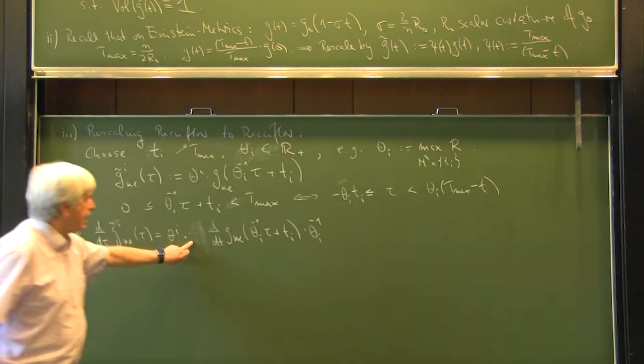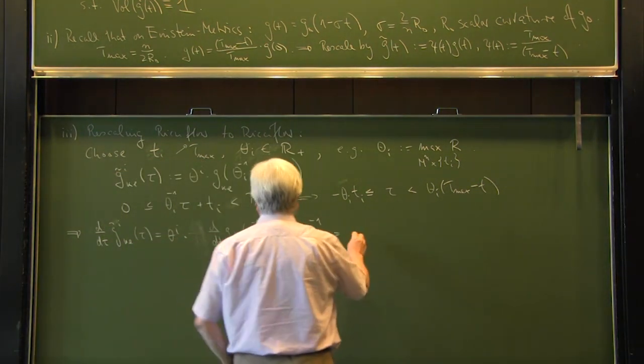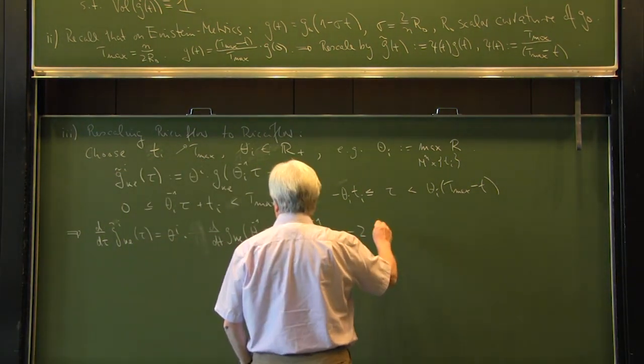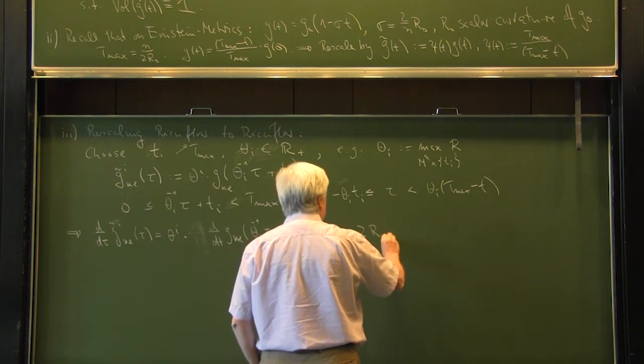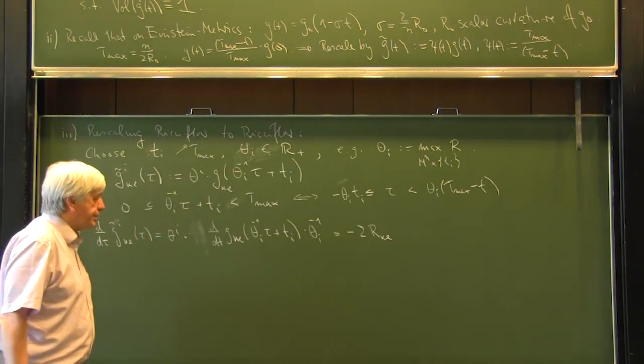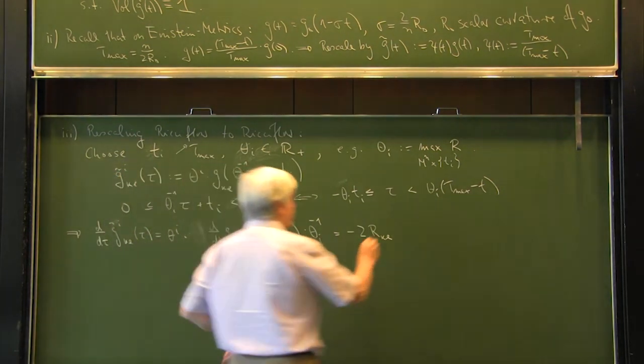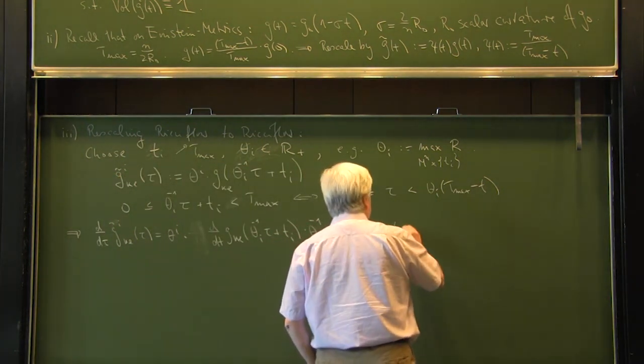So this would cancel out, and you just end up with the evolution equation of the metric GKL at this time.